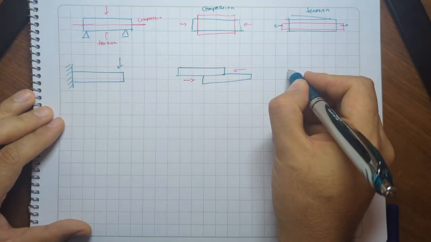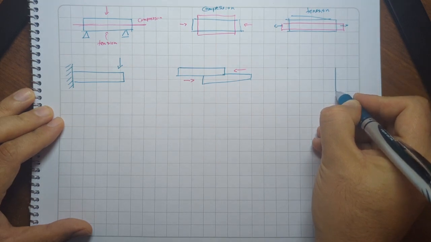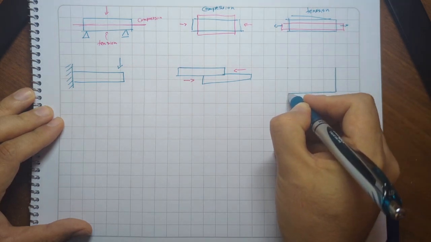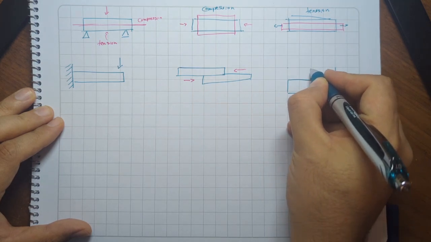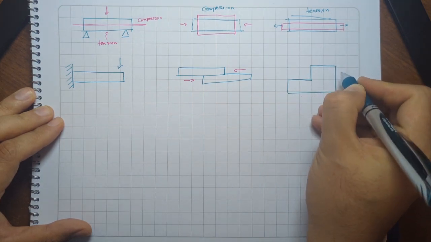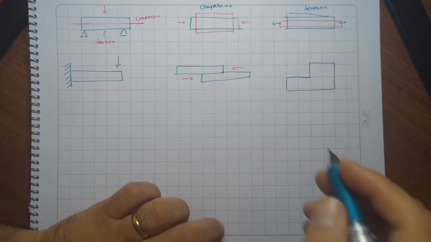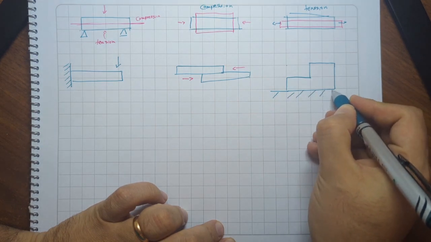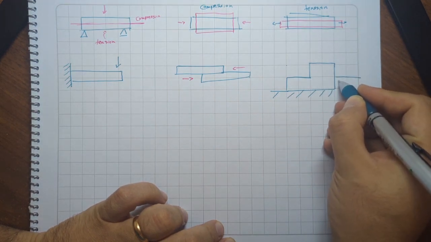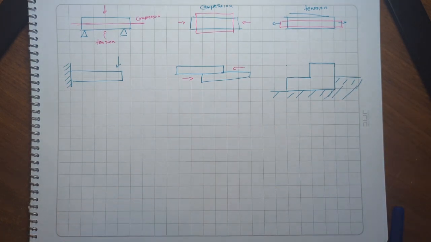Or let me just draw you another example. For example, if we have an object which looks like this, all right, this is ground and this is ground, all right?